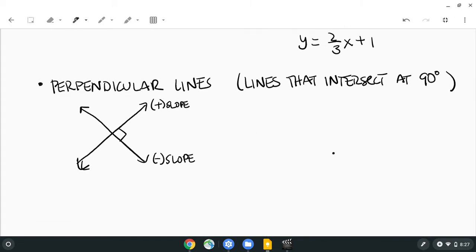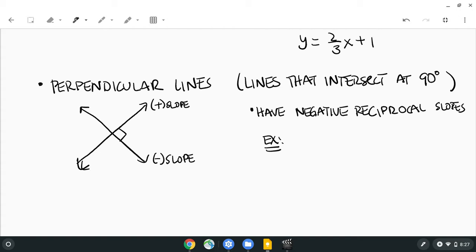Okay. So what happens here is they have negative reciprocal slopes. Okay, so what does that mean? Here, I'll give you an example.